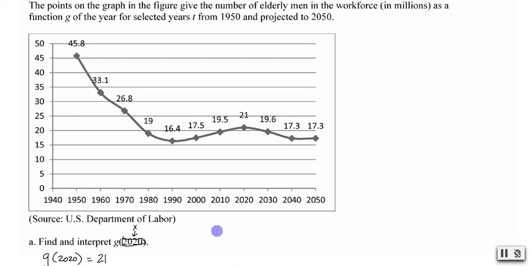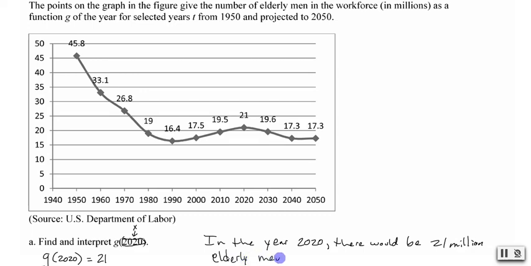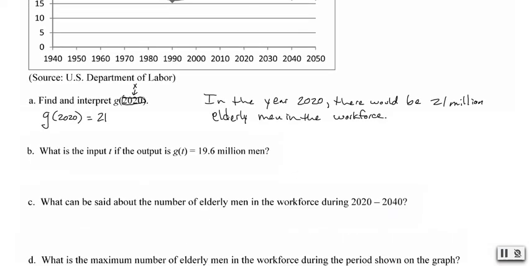The language says that in the year 2020, there would be 21 million elderly men in the workforce. And that's that.